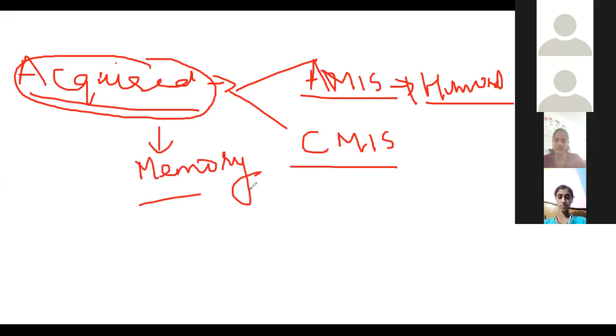What does it remember? Whenever a person is attacked by the chickenpox virus, it builds the symptoms of chickenpox in the body, right? And it's generally said that once we have had chickenpox or measles, then next time in life it does not happen.